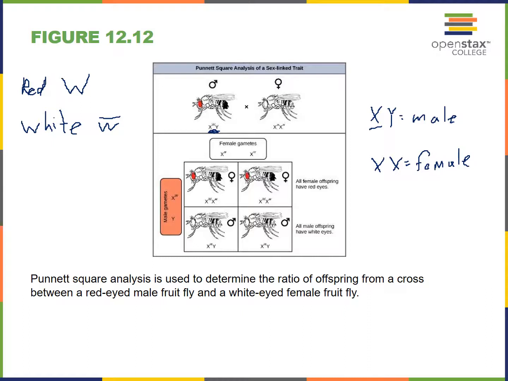It's important to notice in this example that W stands for wild type, not white. And wild type is the trait that you see most often in the wild, not in a lab setting.